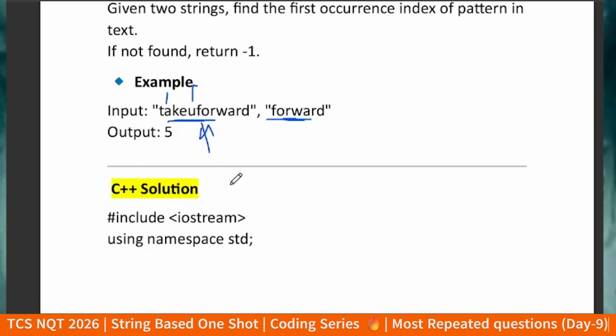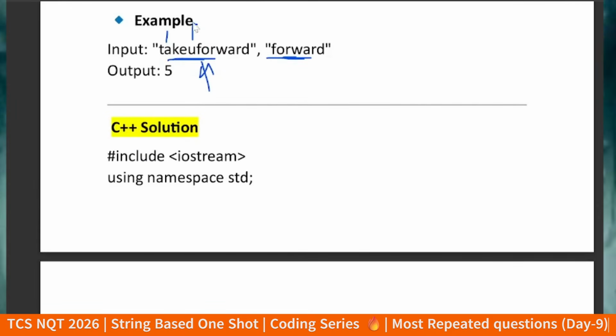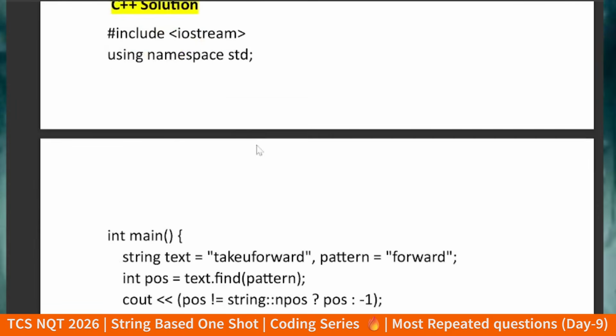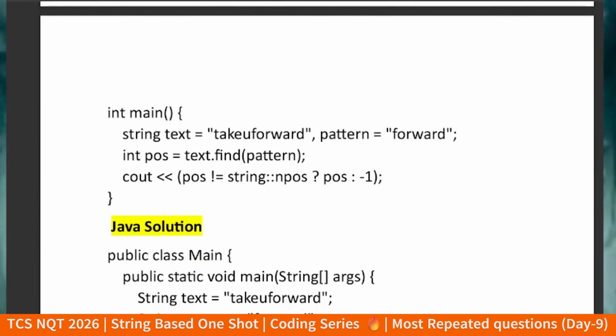So coming to the solution, and I will also compile this code. Including iostream, using namespace std, taking the input. Remember friends, we have to take the input according to the question. For the sake of understanding only, I am taking hard-coded input, but you have to take user input. Got it?